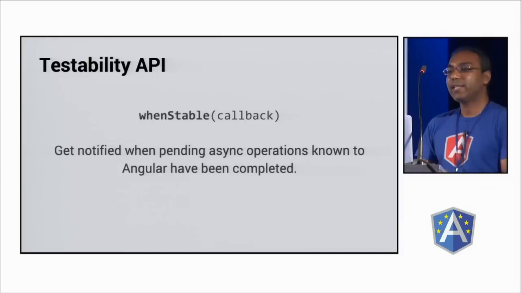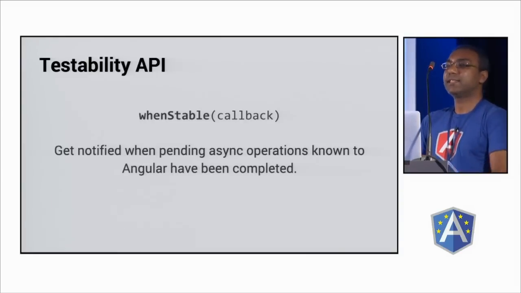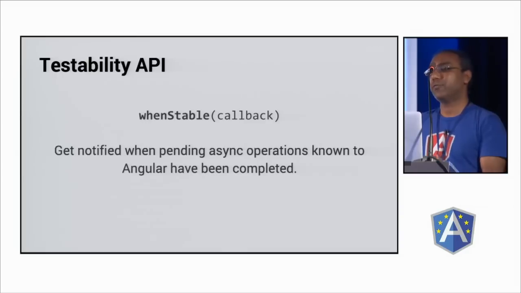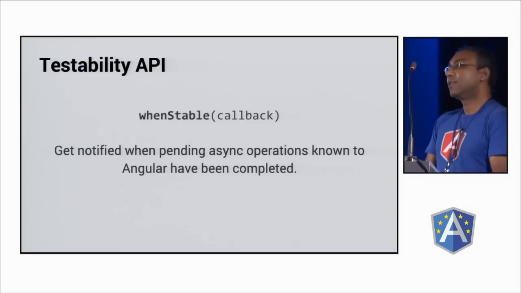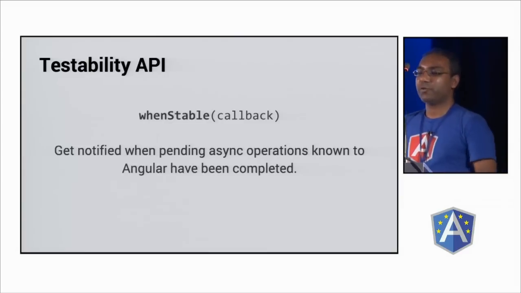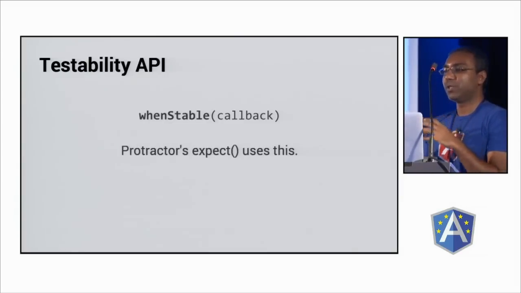Cool. Finally, there's one other important API, the whenStable API, and this is a way of getting notified when Angular has no pending operations in the background. That would include things like XHRs, HTTP gets, template loads, or even a digest that's in progress. This is important because, as Julie was showing, the expect framework that Protractor is using allows this automatic waiting.